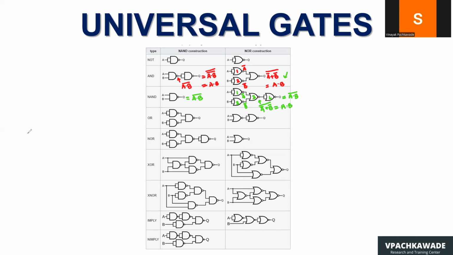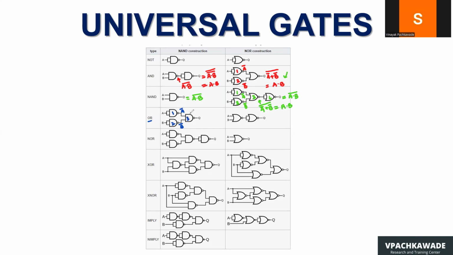Now, we have to understand how we can construct an OR gate using only NAND. So here, gate number one, a NAND gate used as an inverter, output here is A bar. Gate number two, output here is B bar, because gate number two NAND is used again as a NOT gate or inverter.